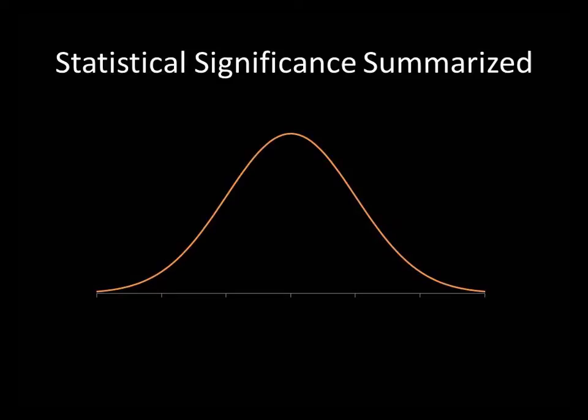Let's imagine that this curve right here represents all possible outcomes based on our specific null hypothesis. So our specific null hypothesis in this case happened to be that managers and non-managers would have the same number of meetings. There would be no significant difference between them.